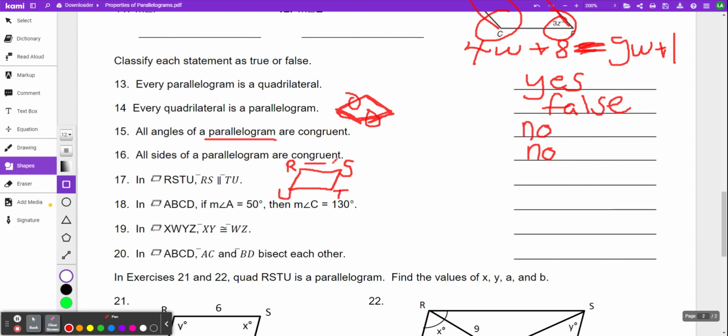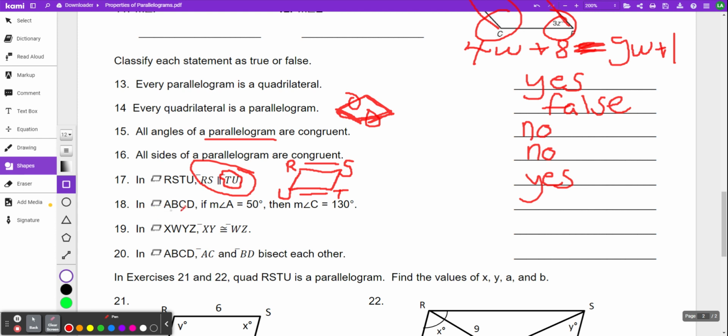So RS is parallel to TU, and look at this little segment sign they have up here. They need to learn how to use a computer. That is really sloppy typography or symbology or whatever. But anyway, it's true that RS is parallel to TU. Look, they're across from each other. I think we're supposed to be saying true, but I like yes.